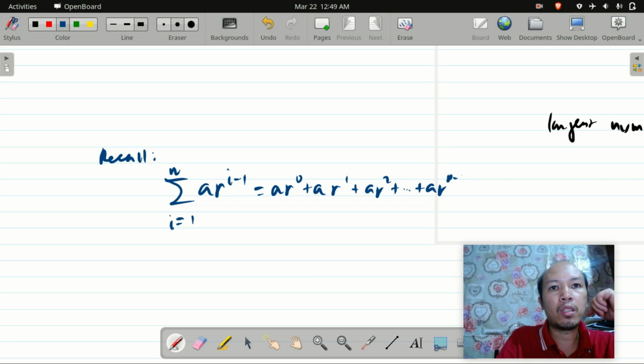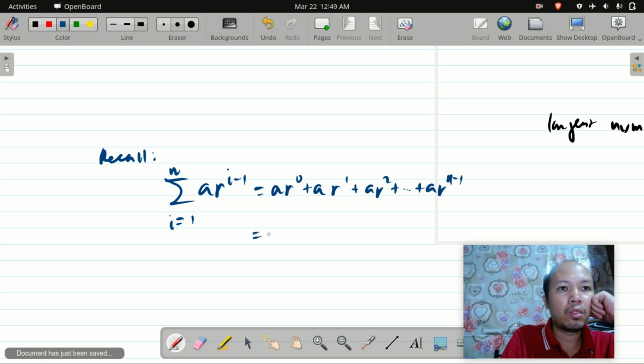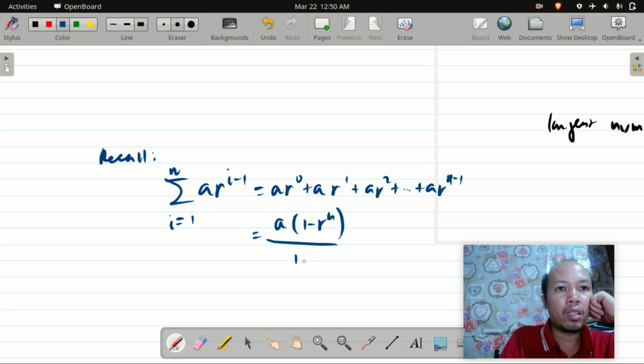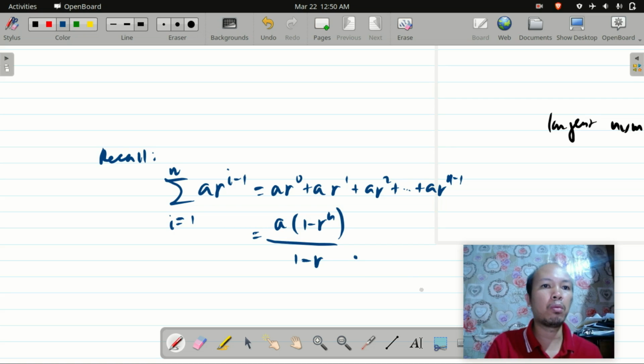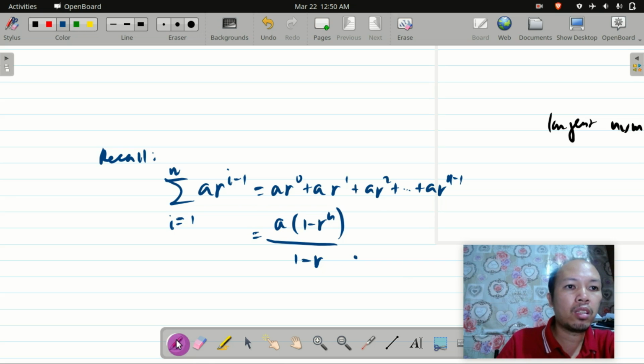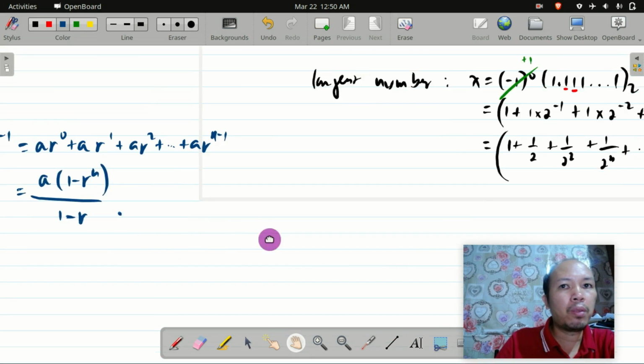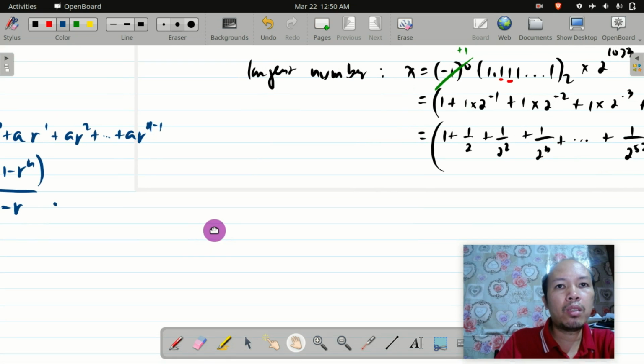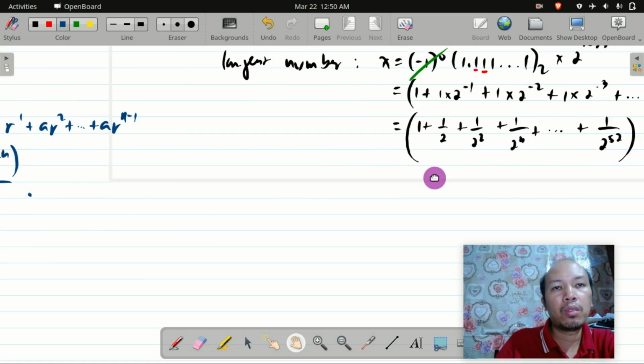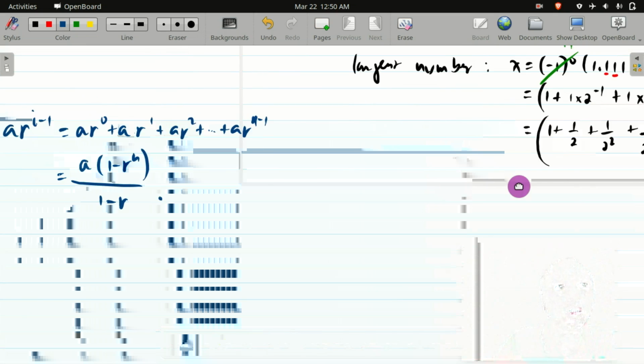So this is equivalent to a times 1 minus r to the n over 1 minus r. So this is the formula. You can recall this formula in calculus 3. So we will use this with a equal to 1/2.